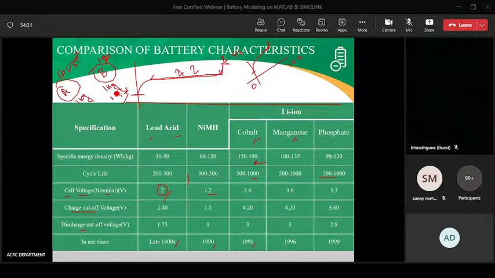If I take 1 kg of lithium ion battery, I will have more energy compared to 1 kg of lead acid battery. I hope you are able to understand.